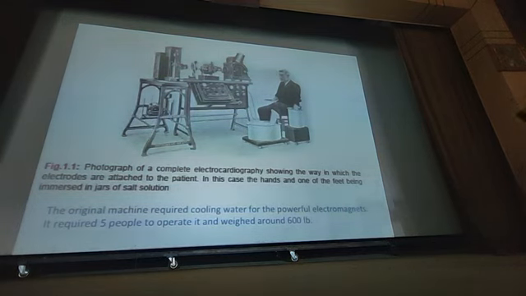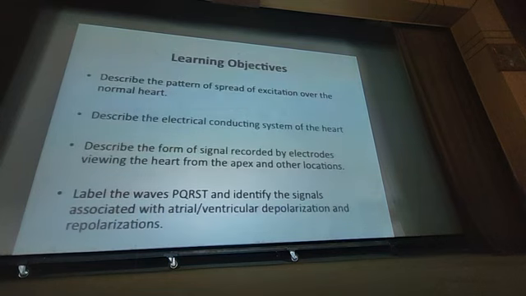This led to new ideas and the making of new devices. So today, after the lecture, you have to be able to describe the pattern of spread of excitation of the normal heart, and describe the electrical conductive system of the heart.